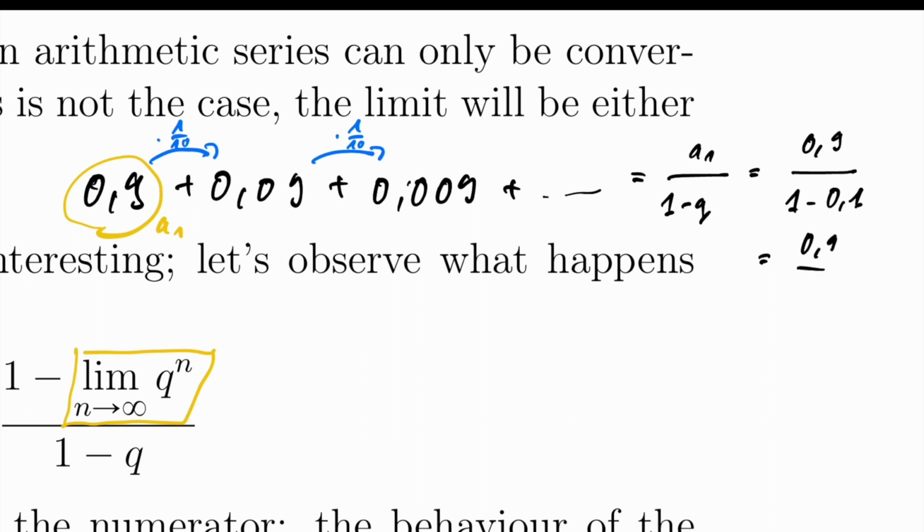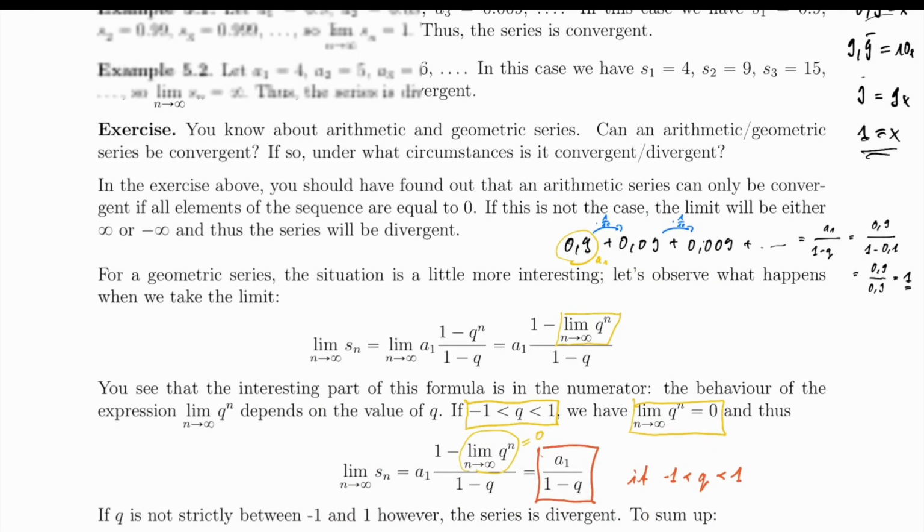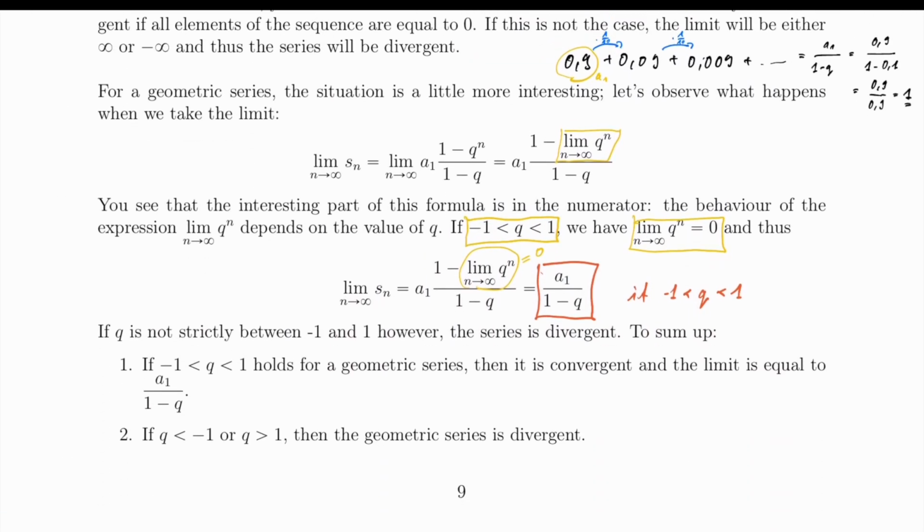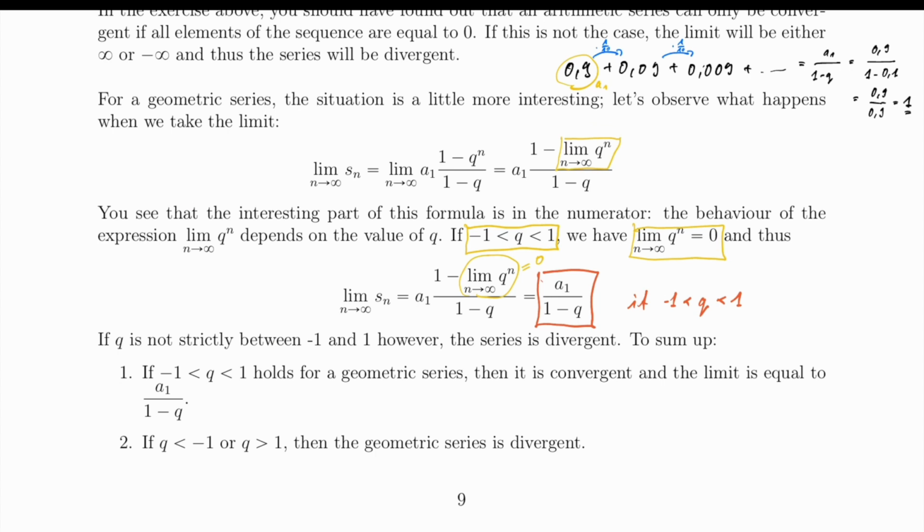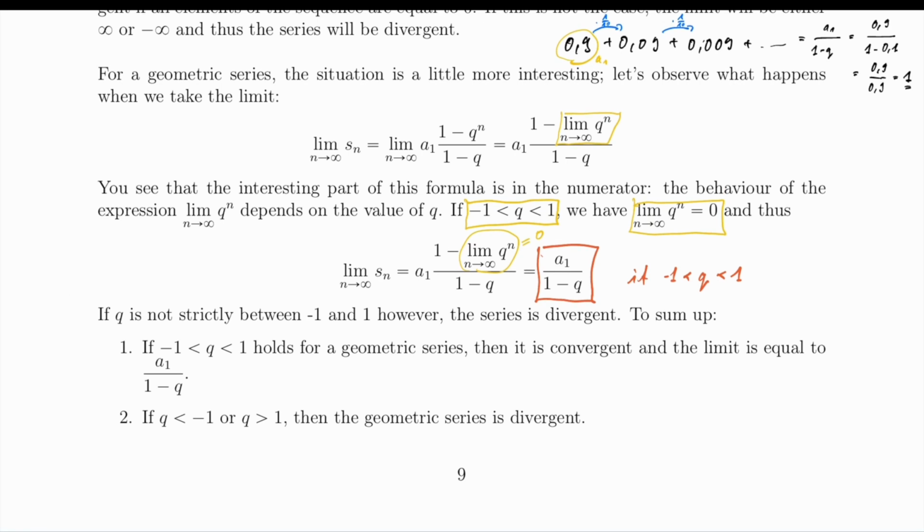So then I have 0.9 over 0.9, and that's equal to 1. So that's the nature of infinite geometric series, and this always revolves around this formula here.